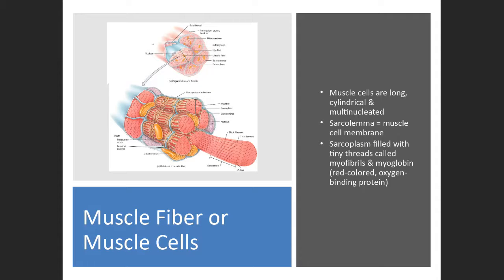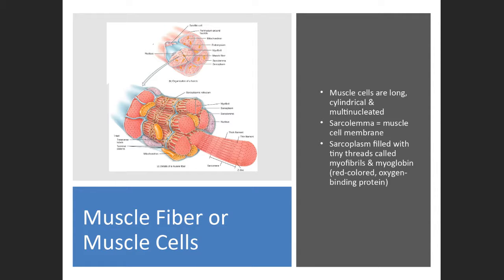Okay, so we look into the muscle fiber. If we deep dive into the muscle, imagine looking at it through the microscope, we're going to find muscle cells. They're long, cylindrical, and they've got multiple nuclei within them. We refer to the muscle tissue as the sarcolemma, or the sarcomere, and that's the official name for muscle tissue.